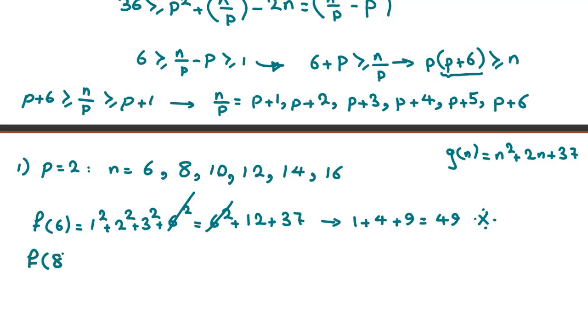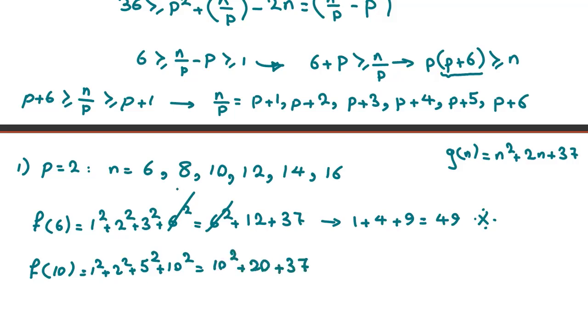f of 8, if we check, is 1 squared plus 2 squared plus 4 squared. In the 1 prime case we've considered f of p to the something, so we don't need to consider 8. Let's consider f of 10, which is 1 squared plus 2 squared plus 5 squared plus 10 squared. It should be equal to g of n. Let's check: 10 squared plus 20 plus 37.